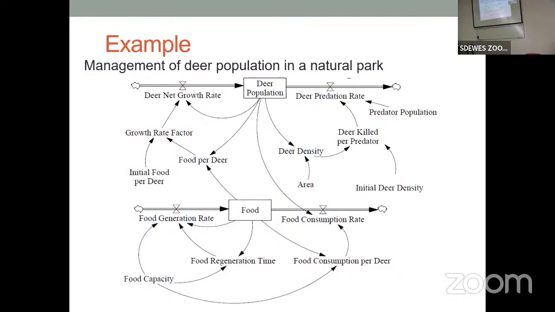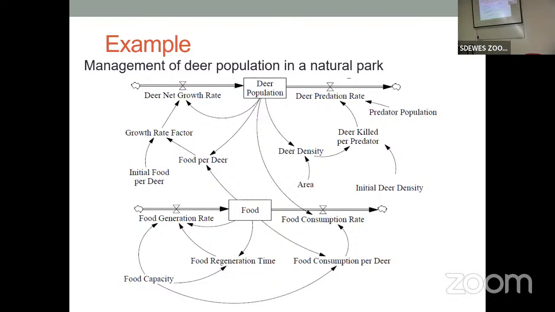In this case, we have a, let's say, simple ecosystem with two types of stocks. One stock is for deer population, and the other stock is for food, the food that deer eat. Okay?